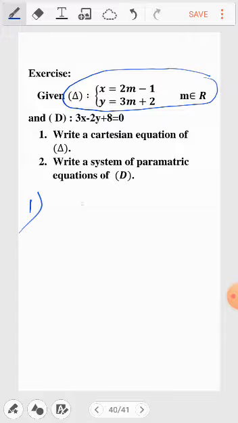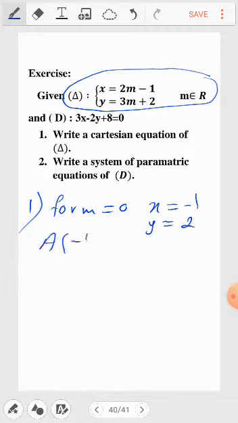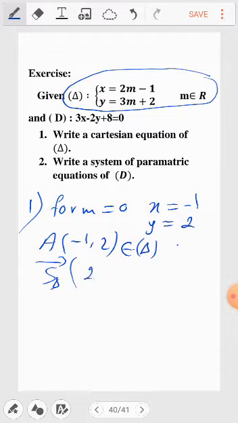Choose a certain point on delta: for m equal to 0, then x equal minus 1, y equal 2. So point A(-1,2) belongs to delta. لقينا نقطة على ال straight line. Now the directing vector S of delta, the directing vector of straight line delta is (alpha, beta) = (2,3).